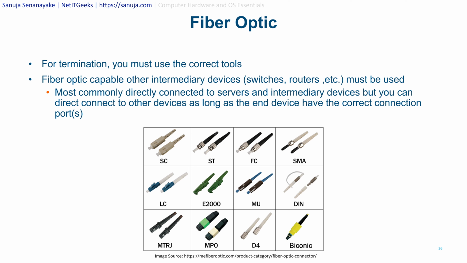And here are some examples of different connection endpoints you can have with fiber optics. Just like RJ45 jacks, these are standard jacks. The most common ones would be the SC, ST, and LC standards, but these other standards also do exist in the industry in certain situations.